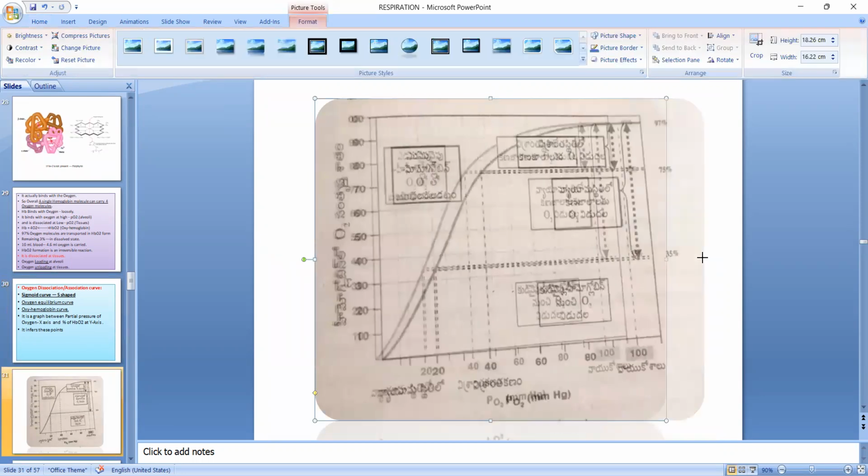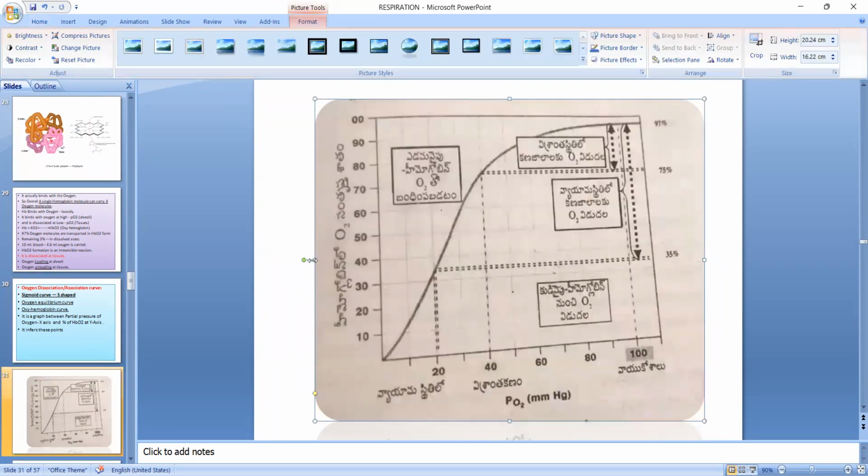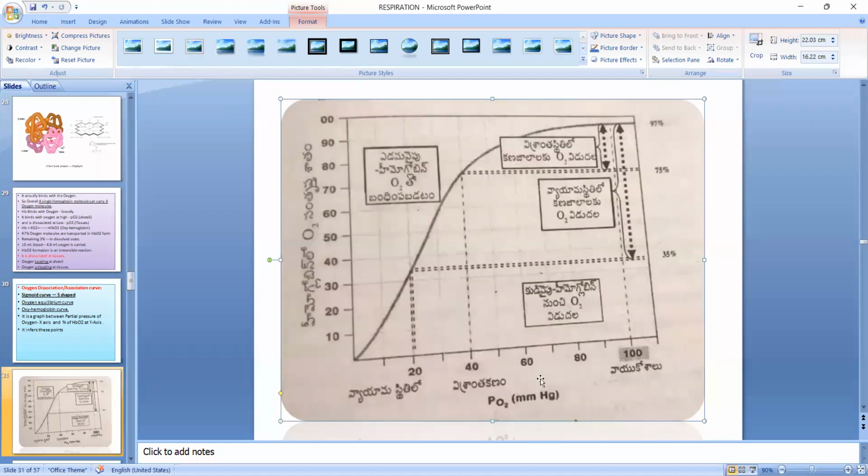Closely observe this graph, PO2 against HbO2 percentage.